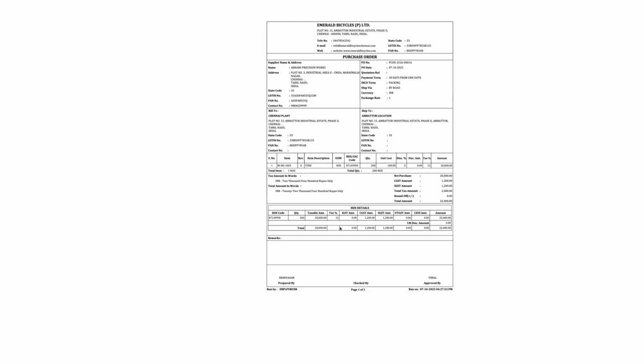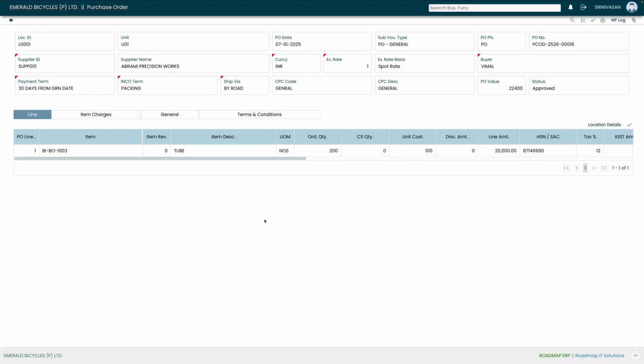It also consists of the prepared by, checked by, and approved by persons. So this is how you generate a report of your purchase order. And finally, this is how you create a purchase order from our pending request for quotation. Thank you for watching.